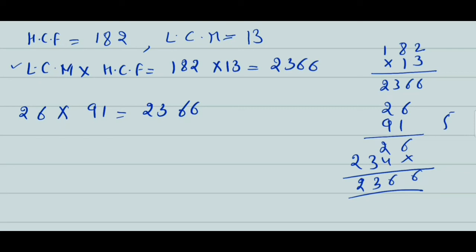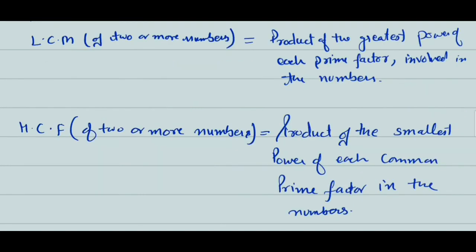So it means, hence proved, the product of LCM into HCF is equal to the product of the two numbers, 26 and 91. Always remember that the LCM of two or more numbers is equal to the product of the greatest power of each prime number.